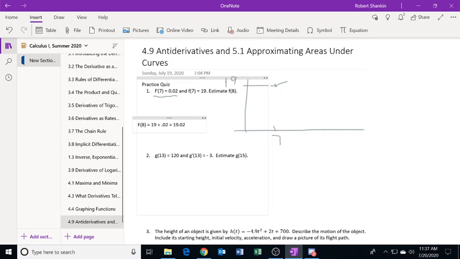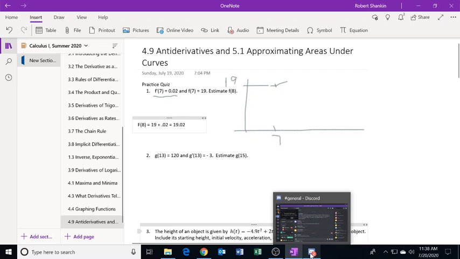Now, this might be a new way of looking at the derivative, a new way of putting things together for you. Or it might have been really intuitive and you might have gotten this ahead of me. Tell me where you're at. Give me a little feedback. This is an important type of problem for us. If you couldn't get it before me, but it's totally understandable now, that's good feedback.